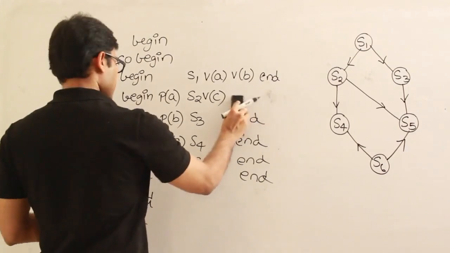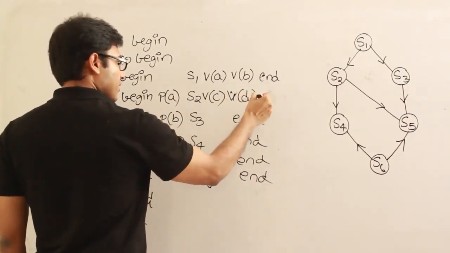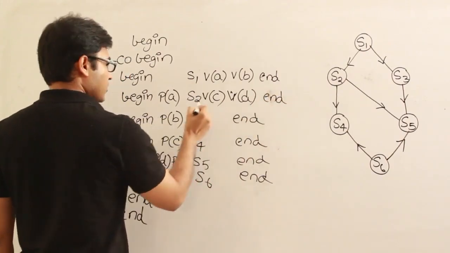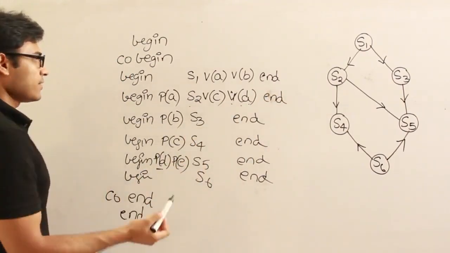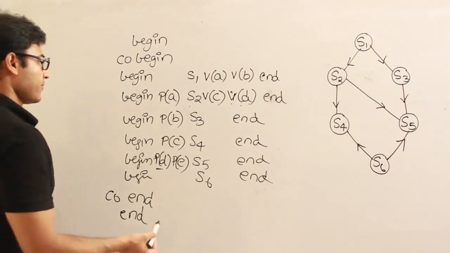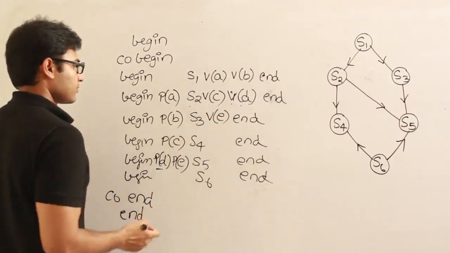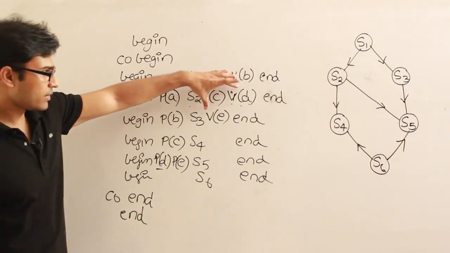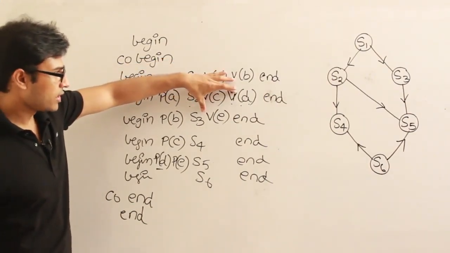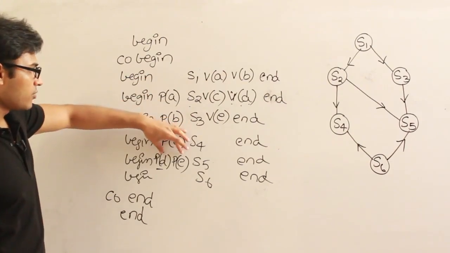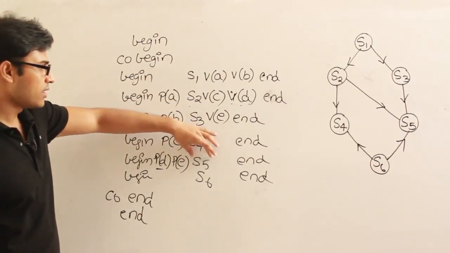Therefore S2 should signal V on D, because only after S2 signals V on D can S5 start, and S3 should also signal V on E. So after S2 and S3 we are putting V on D and V on E, and here we are putting P on D and P on E. Therefore it is guaranteed that S5 will start only after both finish.